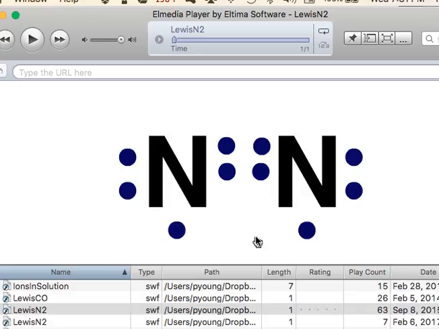That's good, but it's not 8, is it? So let's do it again. I'll grab this guy and move it up. Grab this guy, move it up. And now what do we have? Each nitrogen now has 6, 7, 8. We have 6 electrons between the 2 nitrogen atoms.